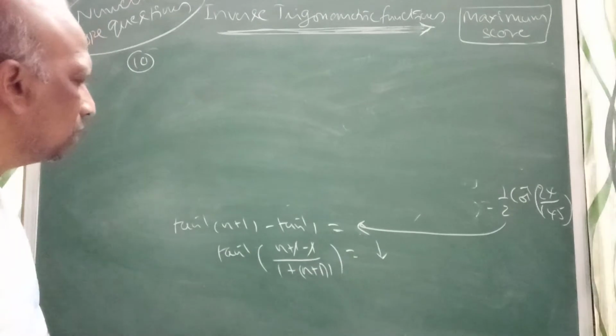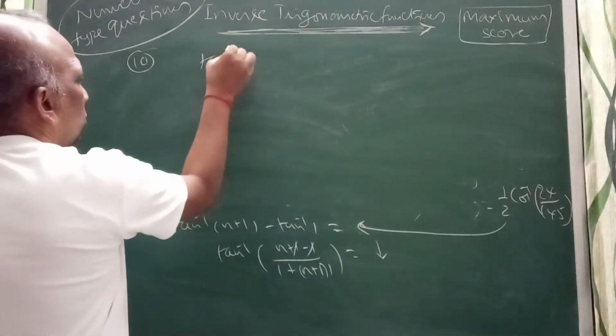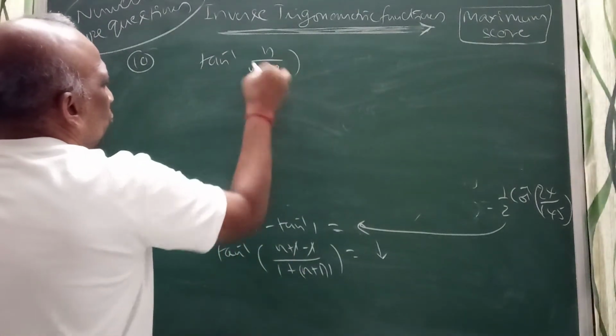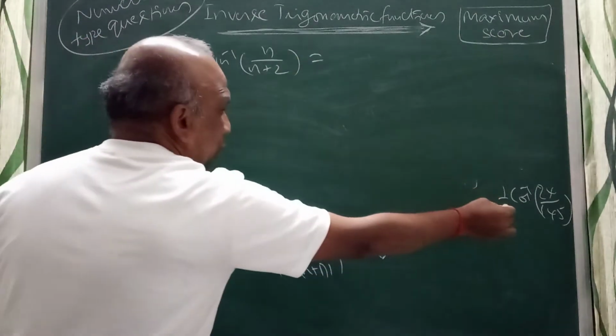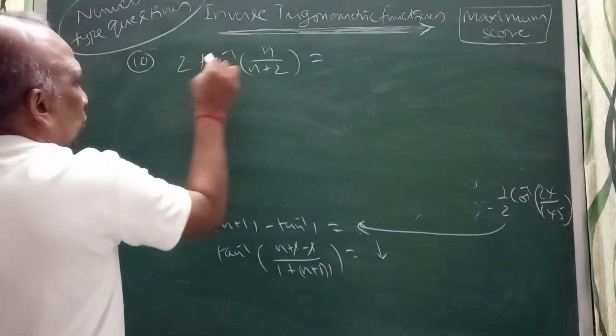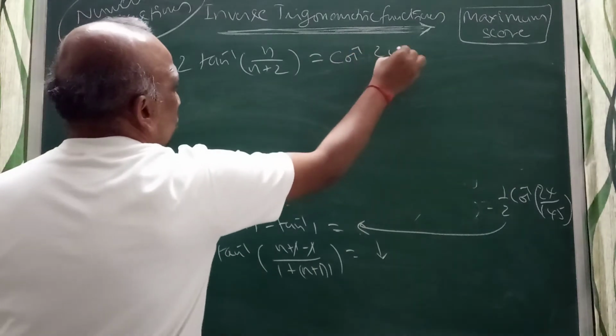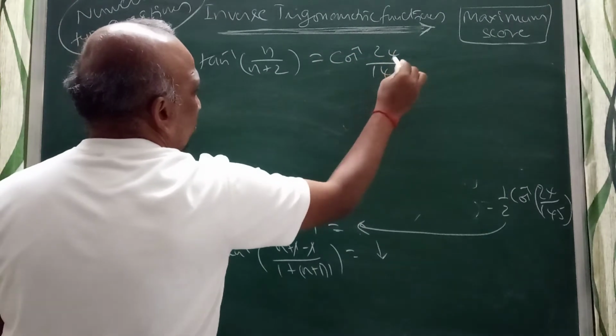So tan inverse n by n plus 2 is equal to what they gave, 1 by 2 cos inverse; take 2 this side, 2 into cos inverse 24 by 145.